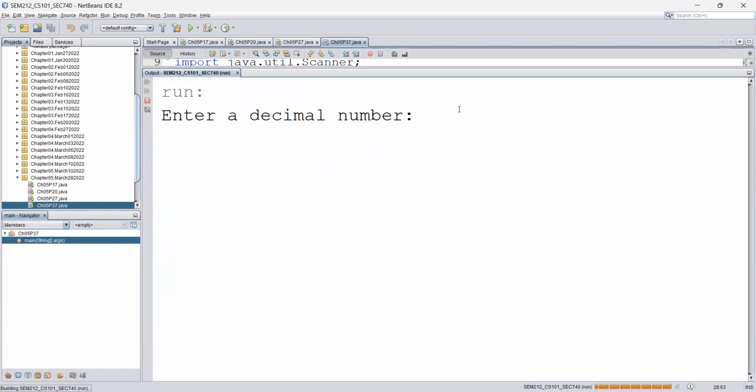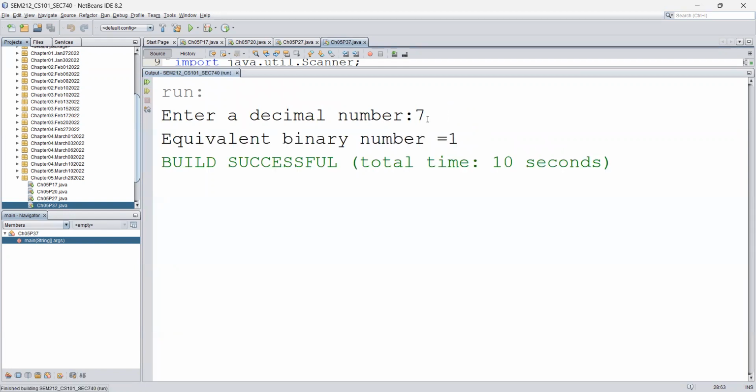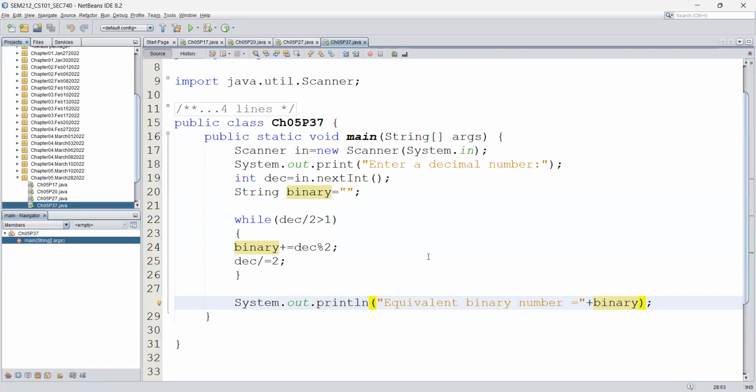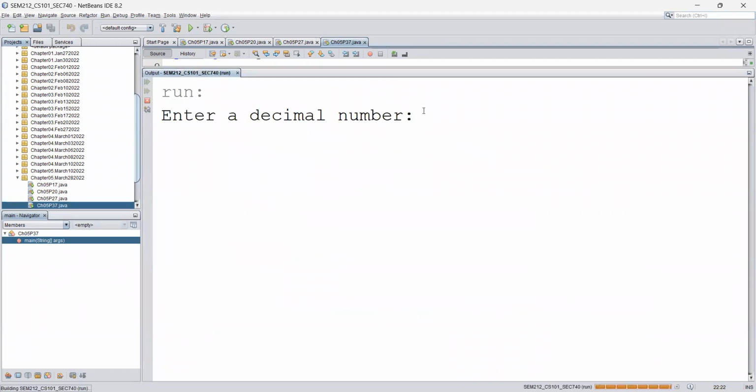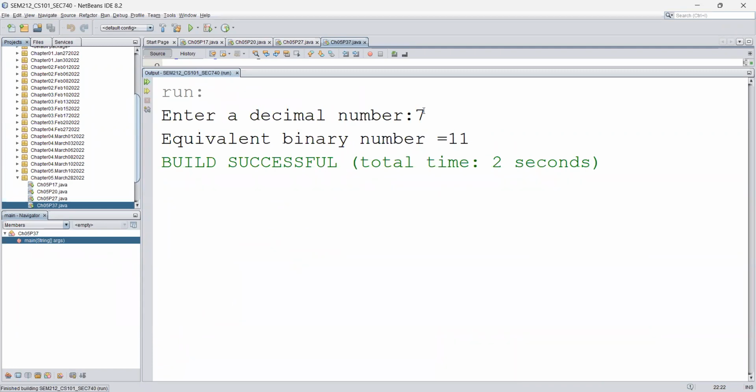For example, if we enter 7, binary is 1 1. It is missing one thing.